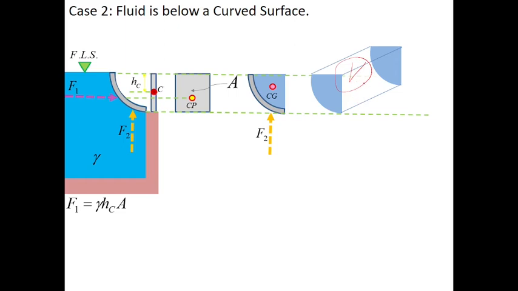So, yung kaakibat na bigat niyan, yun yung F2. Yun yung F2 magnitude. That is acting upward. Okay? So, in that case, this is filled with liquid. Ito, filled with liquid na yan.